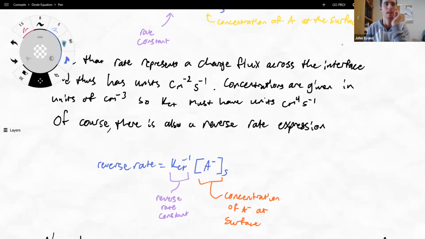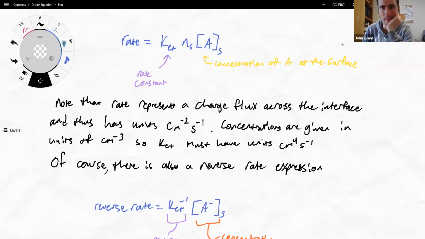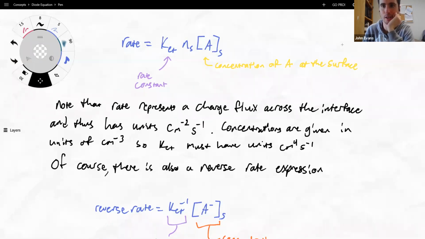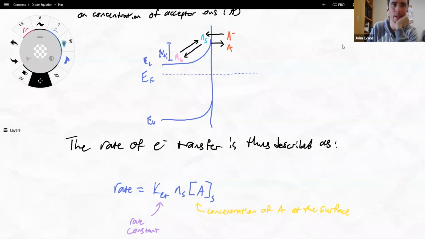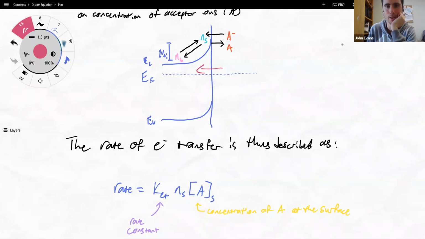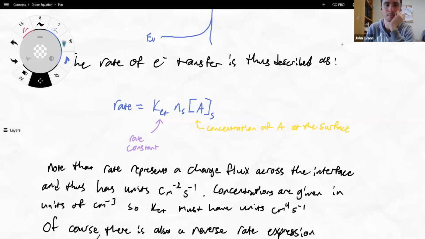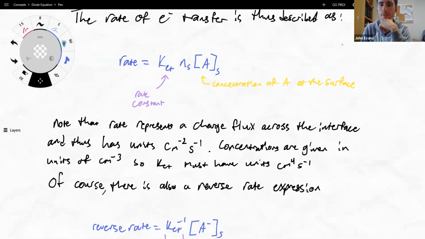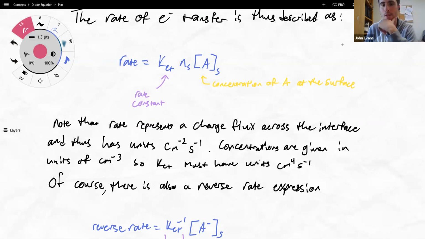All right, so the rate is going to represent a charge flux across the interface. Remember, I mentioned the only current we really care about is right here across this interface, because we assume that once you get over here, it can just move very quickly. And so if it's charge flux across the interface, then that means it's going to have units of per centimeter squared per second, right?